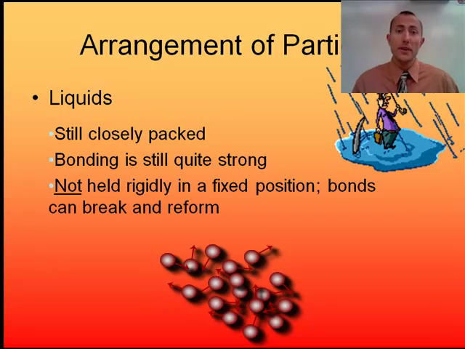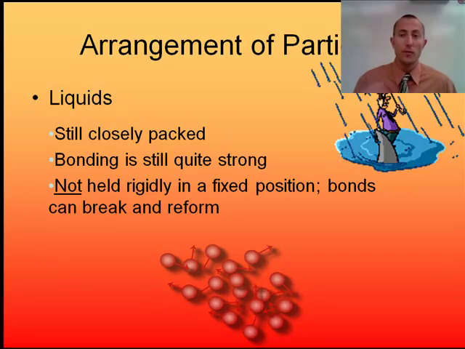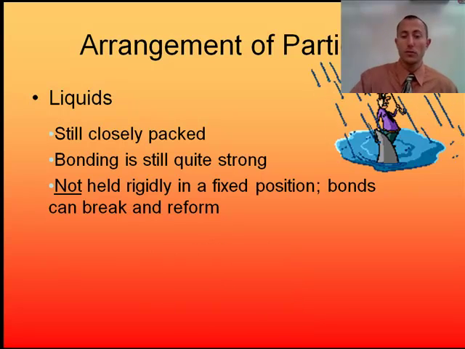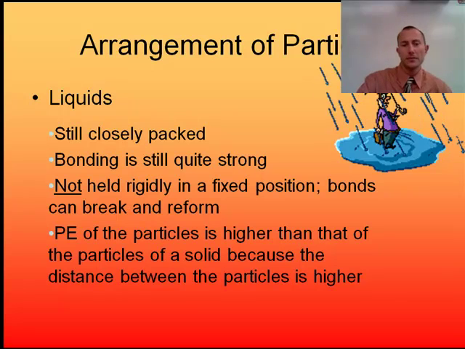What ends up happening is those intermolecular forces, those intermolecular bonds, are actually breaking and reforming, and it's a continual process as the molecules move around each other. Those intermolecular forces form bonds, they break, they reform, as the molecules move around. And here, because the distance between the individual molecules has increased, the potential energy between the molecules, because of the intermolecular forces, is also increased.